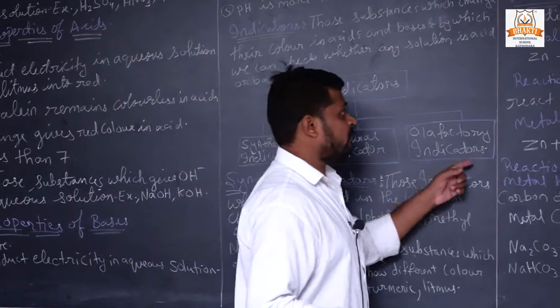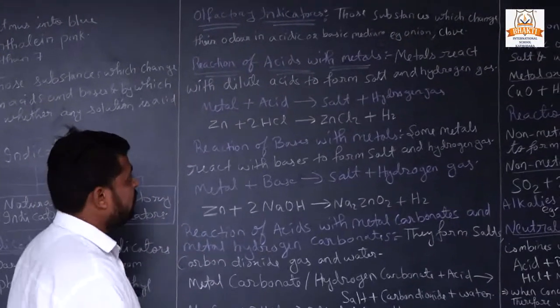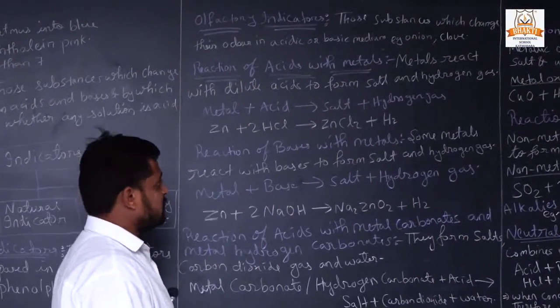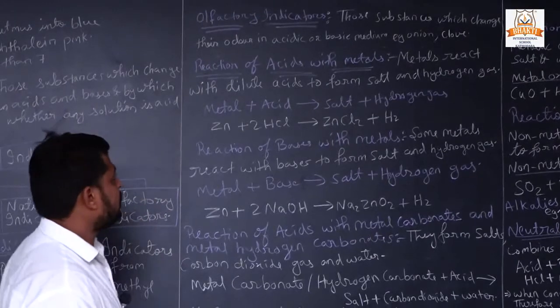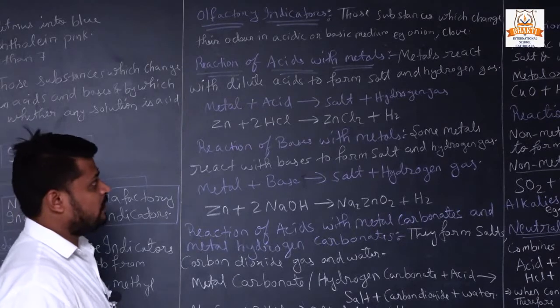The last, third indicator is the olfactory indicator. What is an olfactory indicator? Those substances which change their odor in acidic or basic medium, like onion and clove.